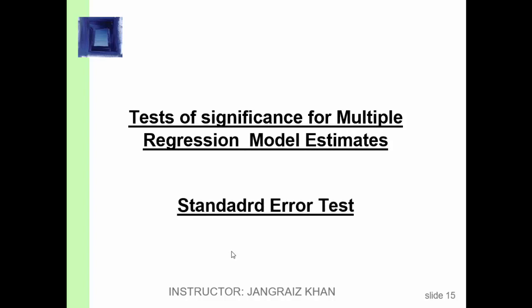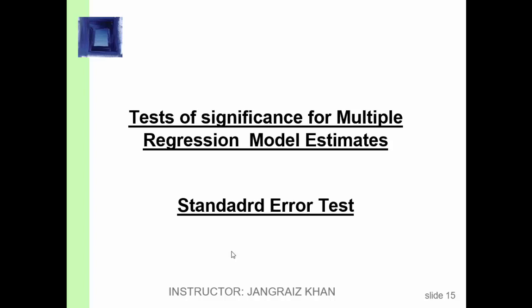Dear students, after calculating the coefficient of multiple determination and finding the estimates of parameters b0, b1 and b2, the next important topic is tests of significance for multiple regression estimates.